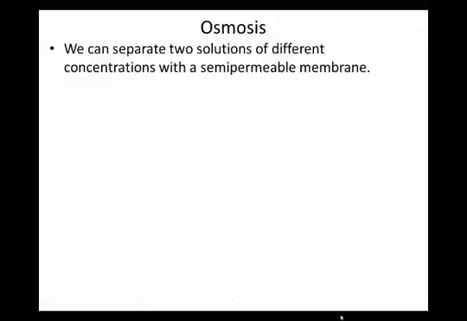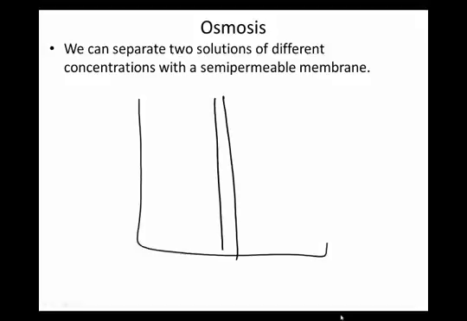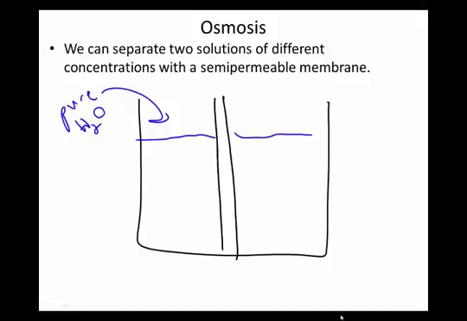Let's talk about two solutions of different concentrations separated by a semi-permeable membrane. Here's my semi-permeable membrane, and I have a tank with two different solutions. Let's say one is just pure water, and one is 1 molar aqueous NaCl.